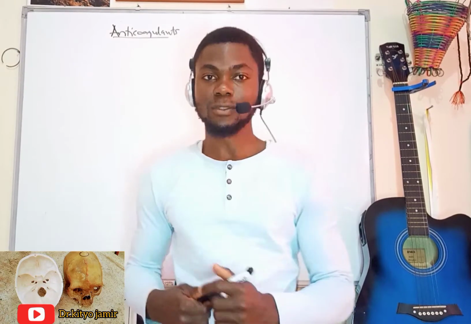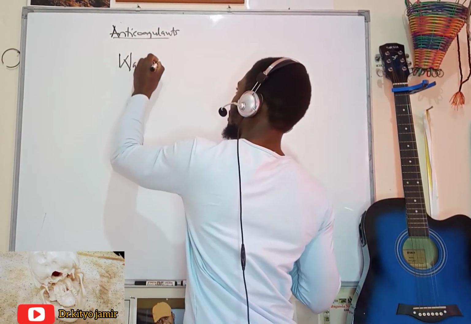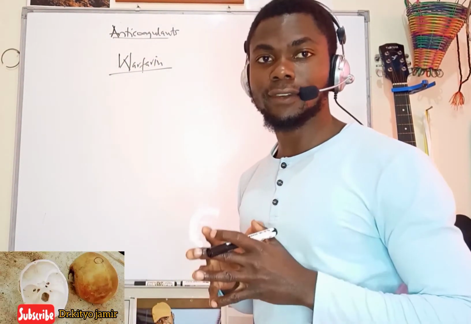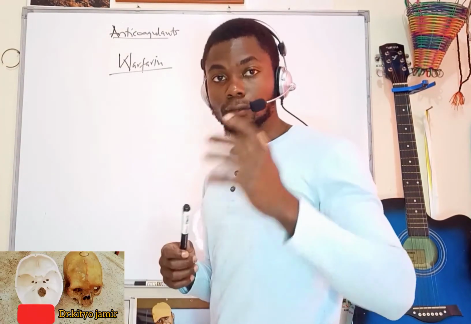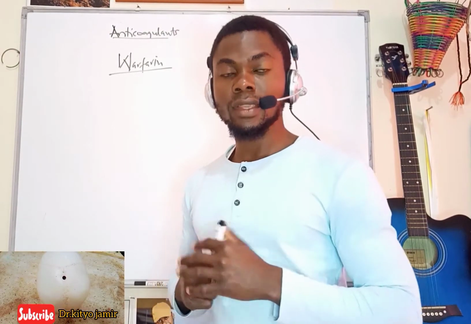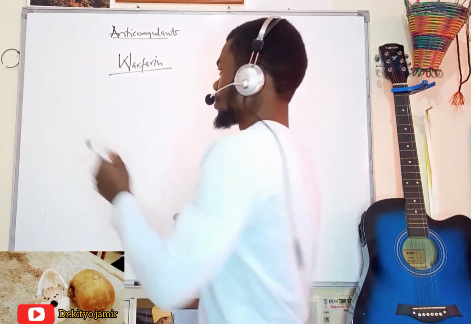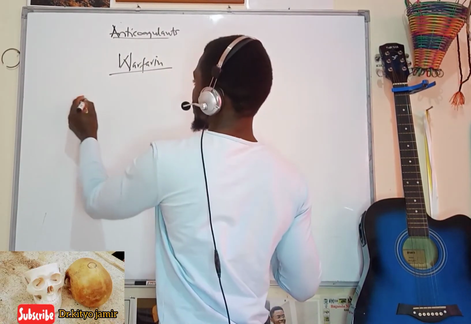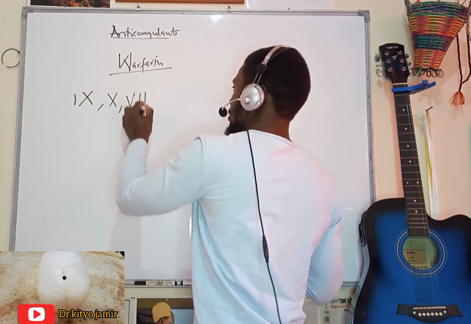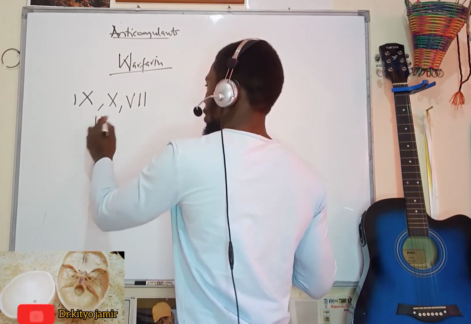Another drug is warfarin. And to understand the mechanism of action of warfarin, the effect of warfarin, we have to have in mind the role of vitamin K in blood clotting. Vitamin K is responsible for activating production of active factors 9, 10, 7, and factor 2.